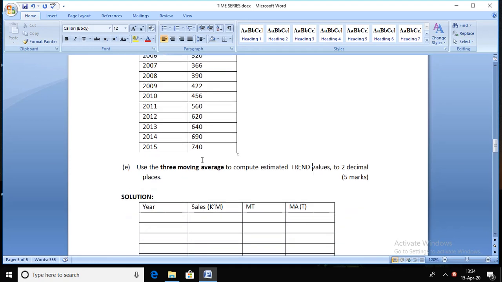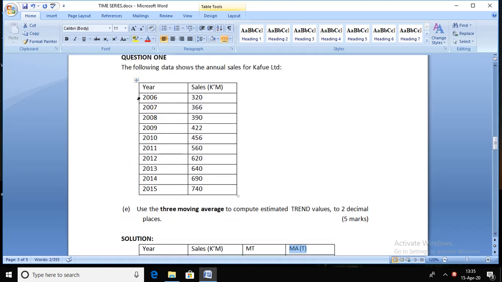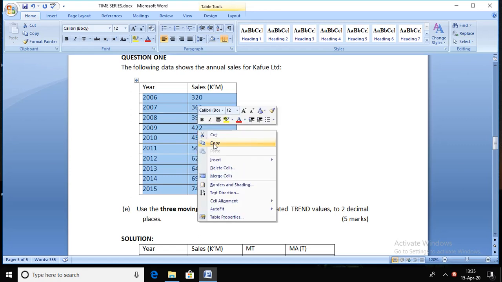What you need to do is come up with a table that will help you sort out those things. In this table, you are calculating the moving totals and then calculating the moving average. An average is the sum of values divided by the number of values. So let's start. We have the data that is given, which is the time series data.